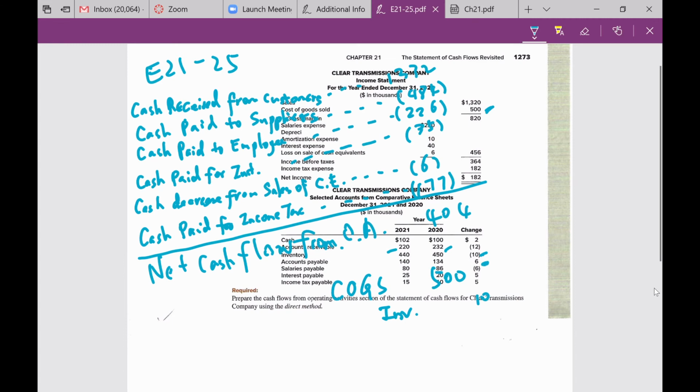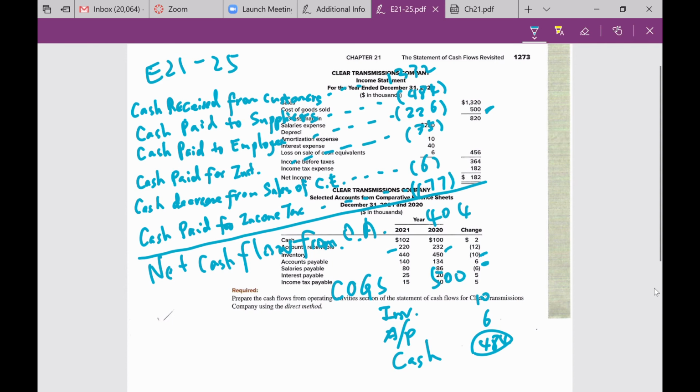Accounts payable is a liability, an increase, so we credit accounts payable for 6. And the cash payment to the supplier should be the balance, that's how we get 484.